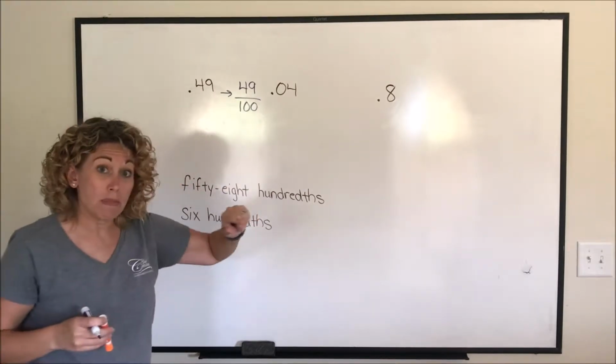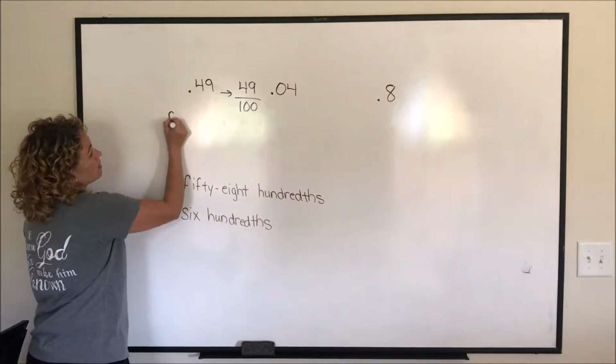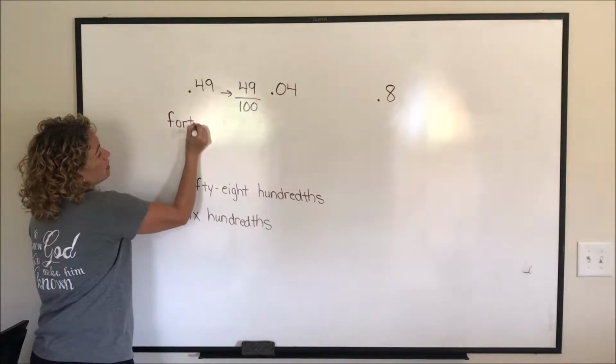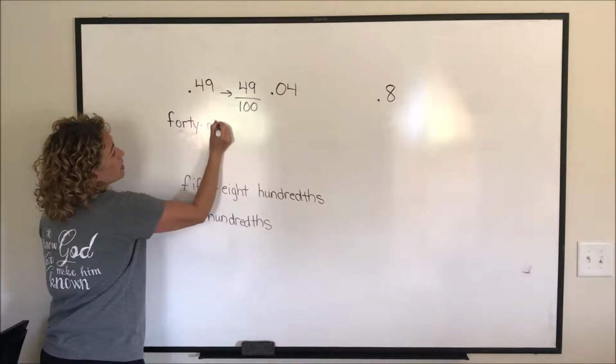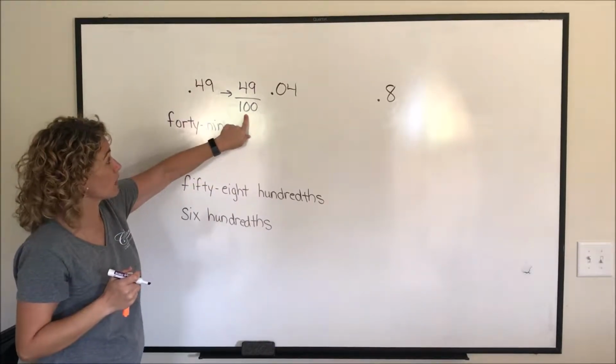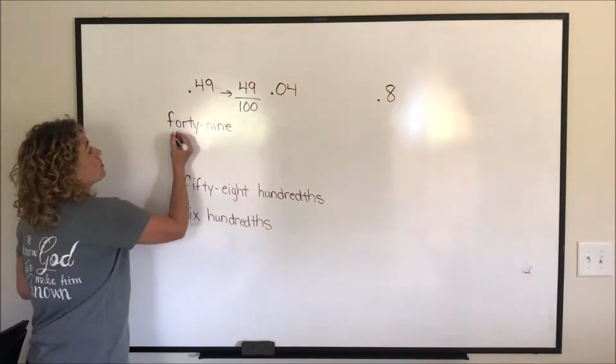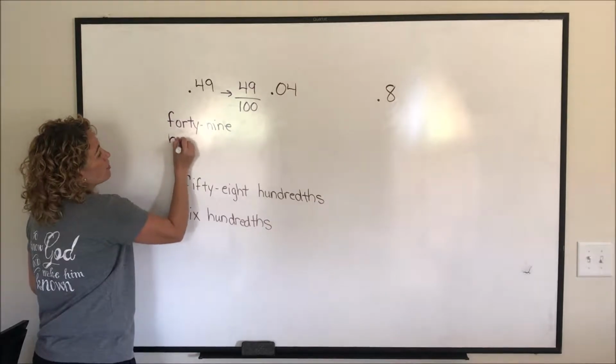If we want to name this though, this is 49, so we're going to write that out. So forty-nine, and it's hyphenated. And then we know it's 2 digits, which really means hundredths. So this is 49 hundredths.